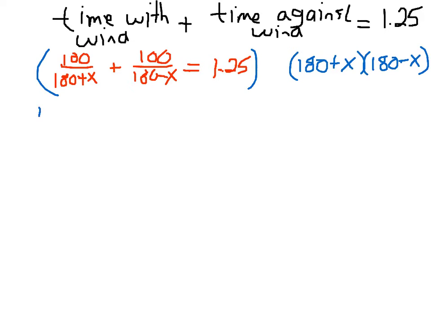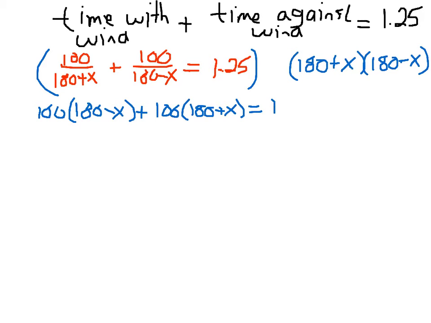So we will be left with 100 times 180 minus x plus 100 times 180 plus x. On the right-hand side, nothing will cancel, so we'll be left with 1.25 times 180 plus x times 180 minus x.